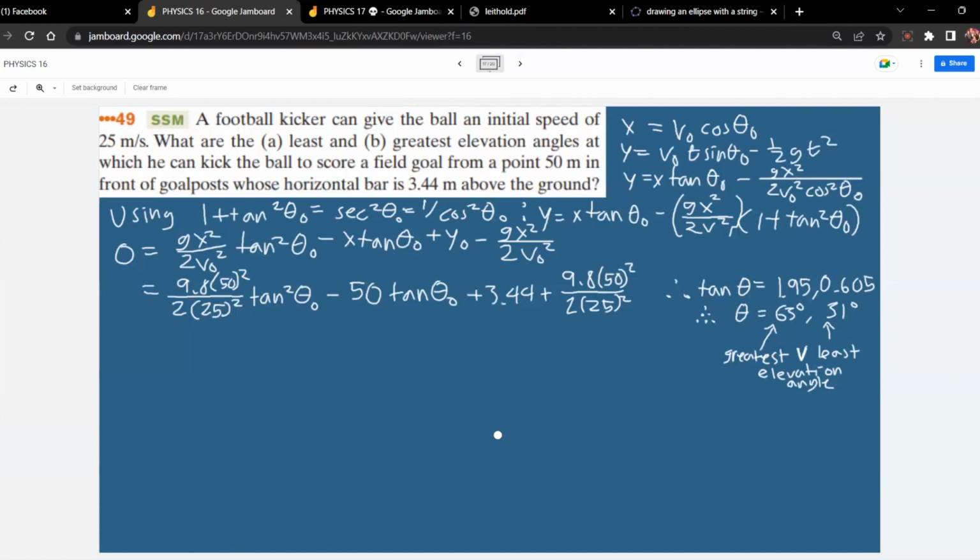Kasi hindi magiging obvious yan for other people. Quadratic equation. So, this is a quadratic equation for tangent theta, and it has two solutions.